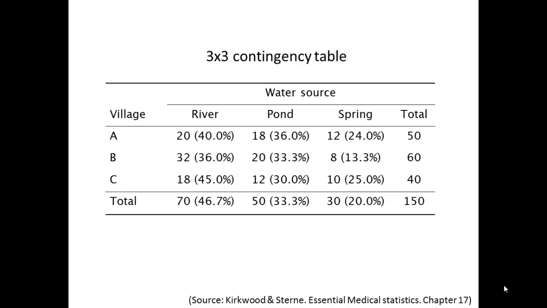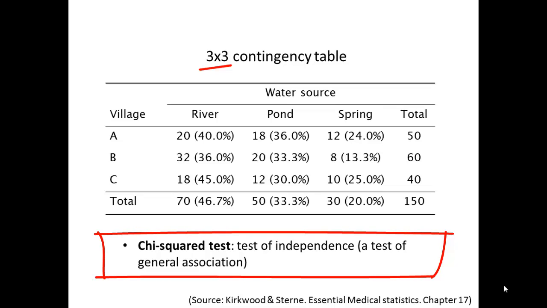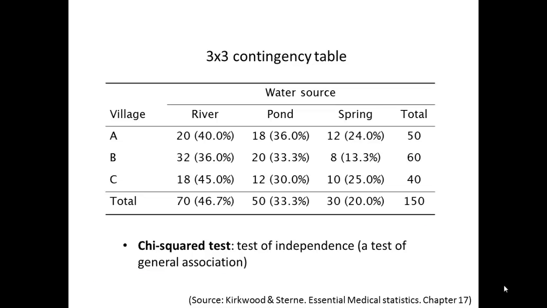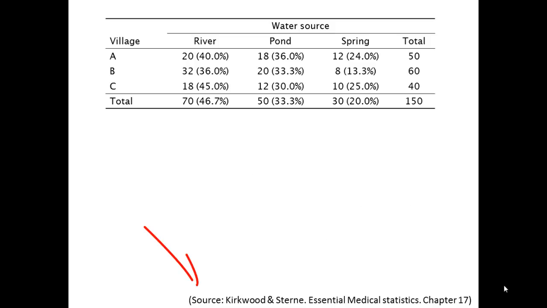So when we have more than two rows or columns, for example in a 3x3 table such as this one here, we're testing whether there is a general association, and this will become clear if we look at how the test statistic to perform this chi-squared test is generated. So let's look at this example a little bit more, and it's from chapter 17 of Kirkwood and Stern.